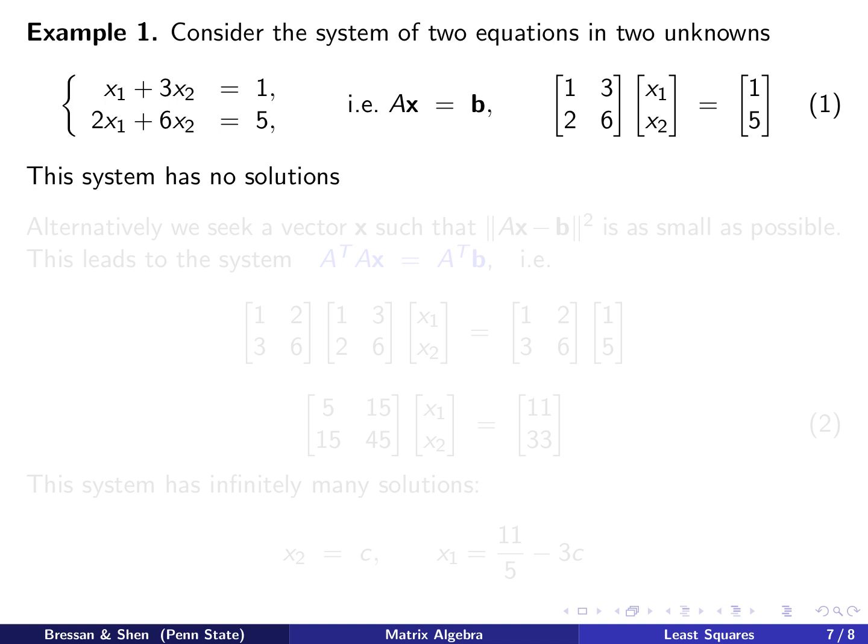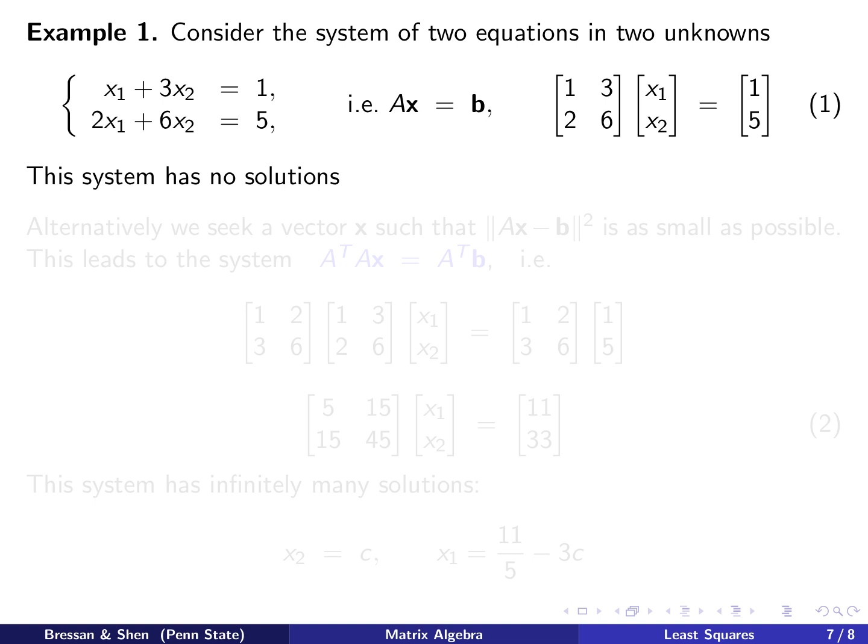Okay, so let's take a look at an example showing the remark we just made. Let's consider a system of two equations like this: x1 plus 3x2 is 1, 2x1 plus 6x2 is 5, which can be written as AX equal B, and we can collect the coefficients to form A. That will be 1, 3, 2, 6, which is here, and the x vector equal the b vector.